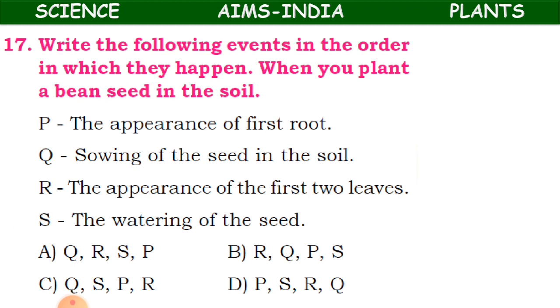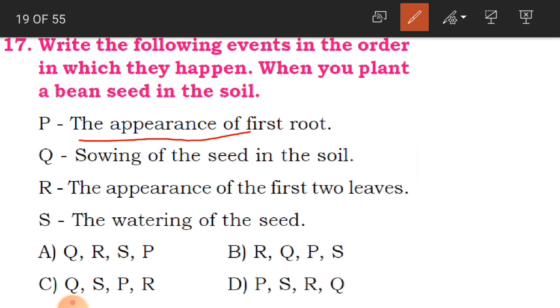P is the appearance of the first root. Q is sowing of the seed in the soil. R is the appearance of the first two leaves. S is the watering of the seed.